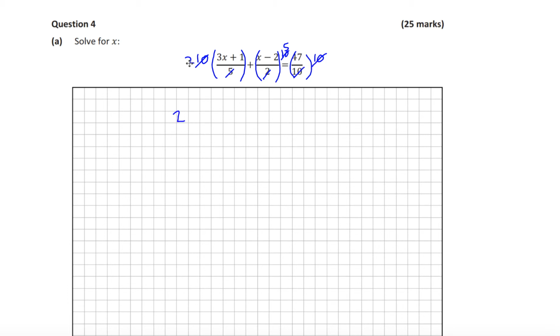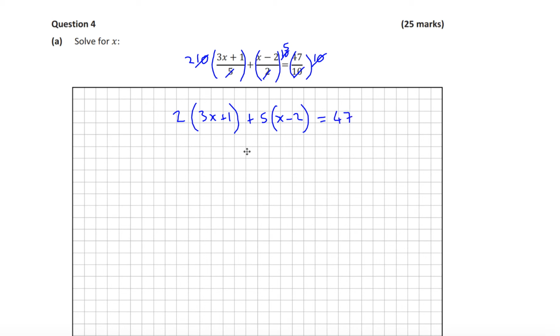So what I have then is 2 multiplied by the 3x plus 1. This 5 here is being multiplied by that plus there by the x minus 2. So 5 times the x minus 2. And then I'm just left with the 47 on the right there because the 10s cancelled.